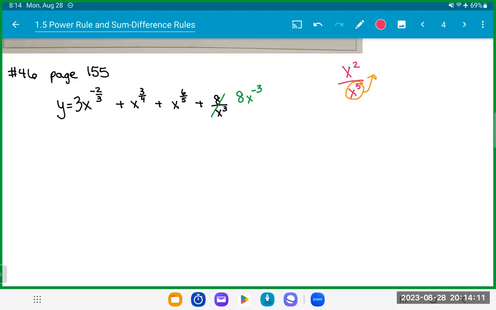When you do that, you just change the sign of the exponent. So it becomes x squared times x to the negative 5. Then, because I have two exponents multiplied by each other, I just add them together. So that's going to give me x to the negative 3. Okay. So if I wanted to get that back, that's also the same as 1 over x to the positive 3.